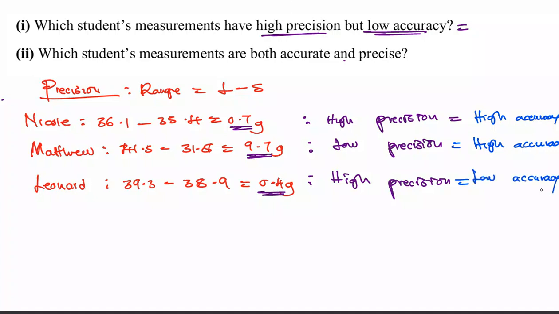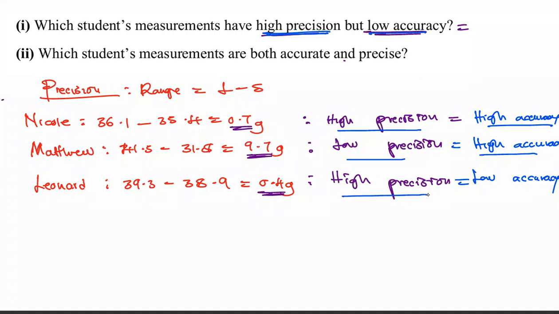So after having all this information, now we can answer the questions. Which student's measurement had high precision but low accuracy? High precision, high accuracy? No. Low precision, high accuracy? No. We are looking for high precision but low accuracy.